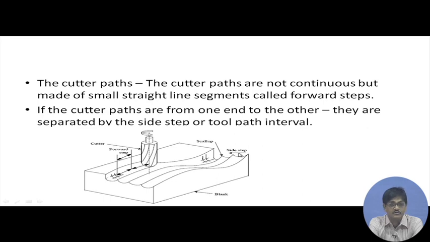Side step or tool path interval: a side step is taken and it resumes its journey along another path to the other side of the workpiece, and these upraised portions are called scallops. So, these upraised portions, just like the forward steps, are creating deviation from the designed surface.